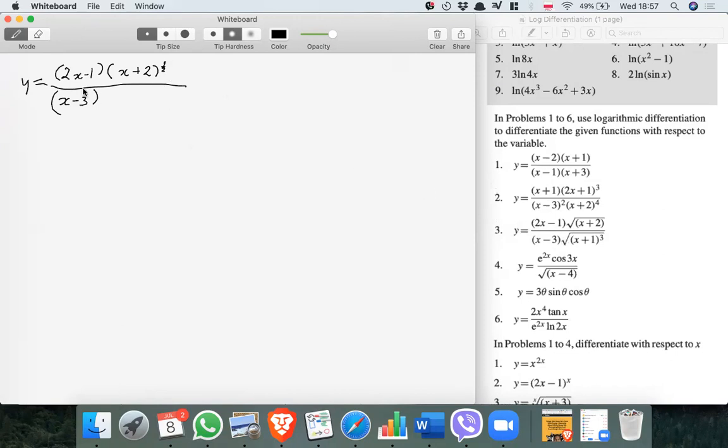So this is a square root, which tells me that x plus 1 has to be to the power of 3 over 2. 3 from under the root, 2 from the order of the root. So now to take the natural log of y, we get natural log of 2x minus 1 plus half of natural log of x plus 2.